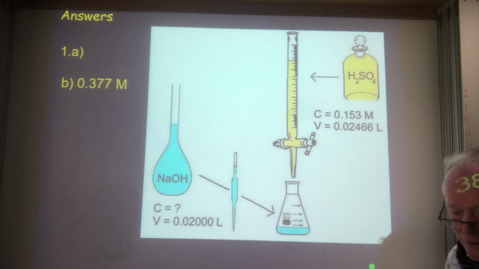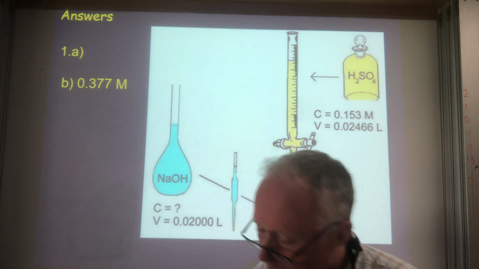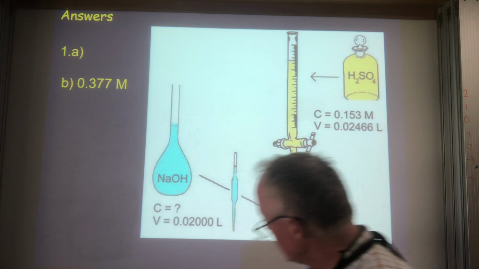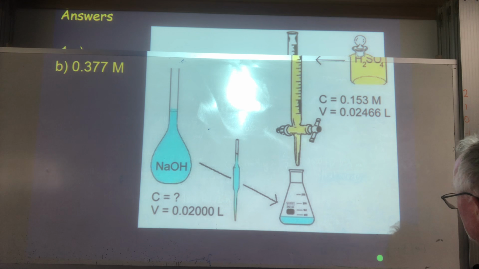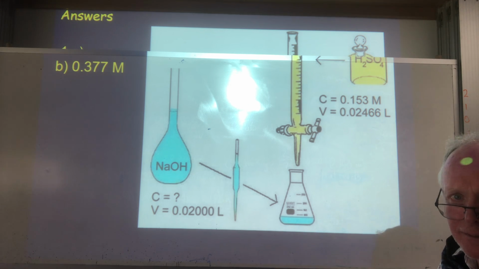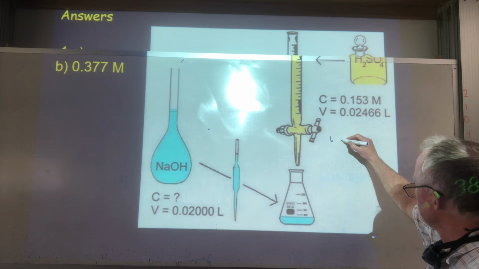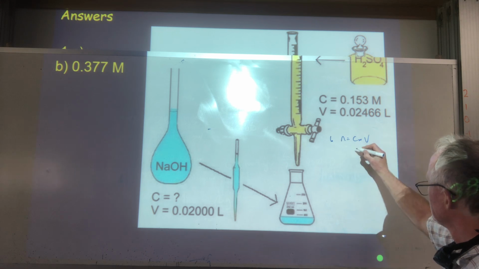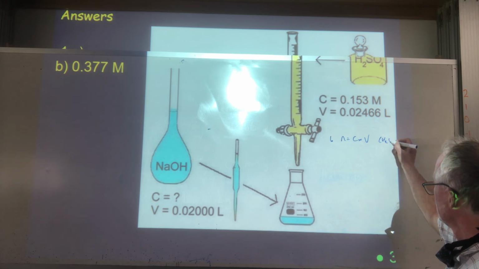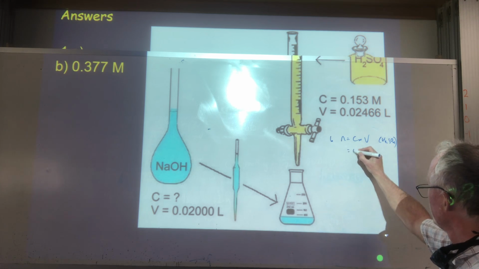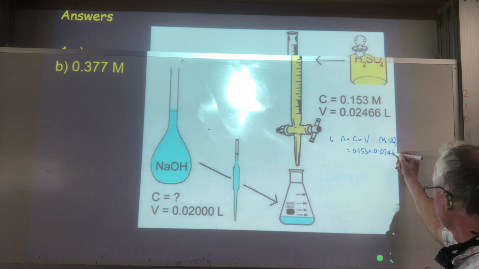Okay, I might just run through that if it doesn't appear on the slides. So, let's see, we can do it here. Moles of the standard solution, of H2SO4, of course, which equals 0.153 times 0.02466.